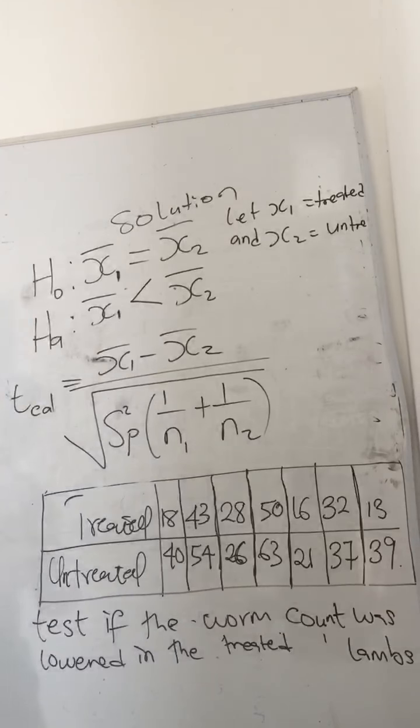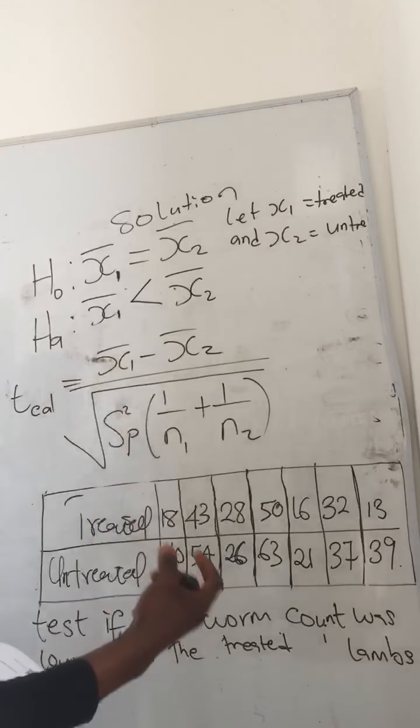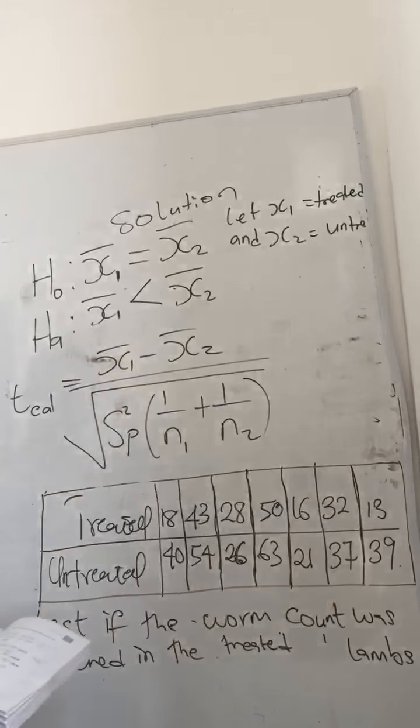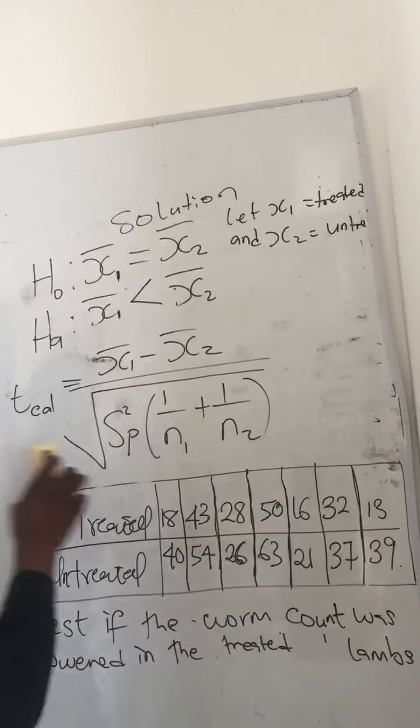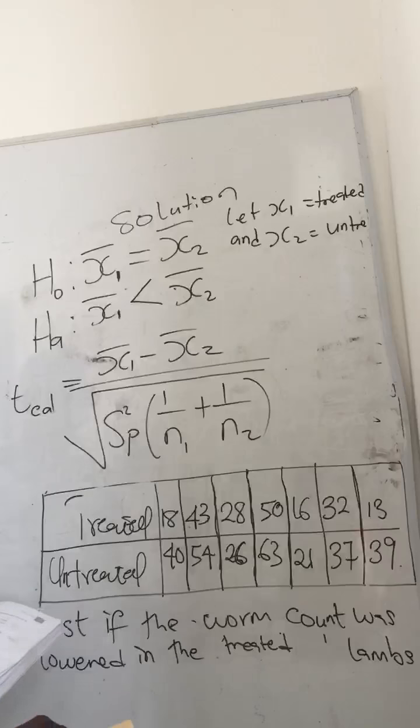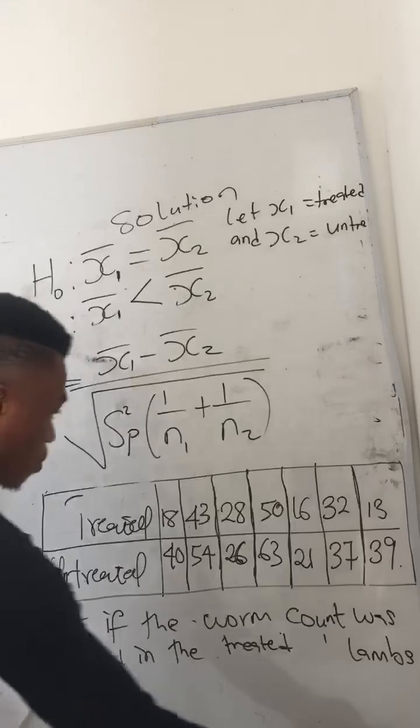In our last class we gave out this formula. So we compute a test value using this formula, and after computing it, we compare it to a critical value to either reject or not reject the null hypothesis.